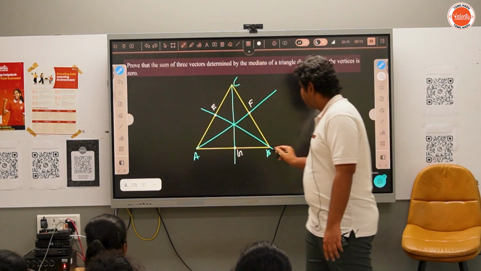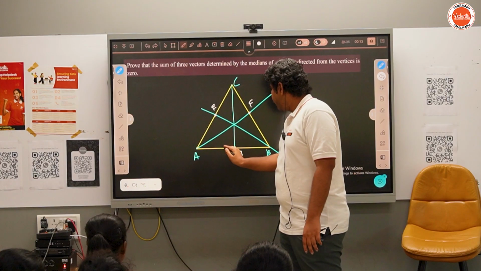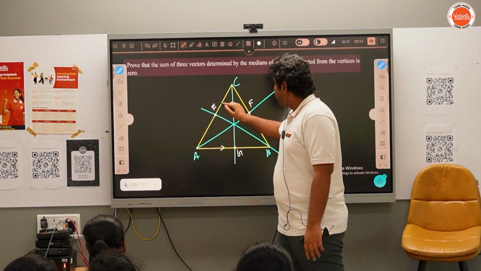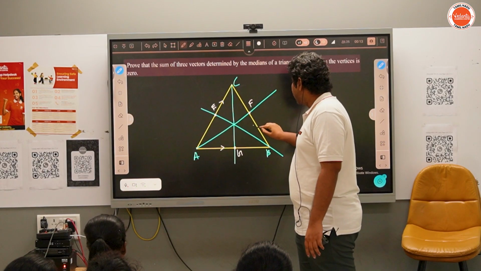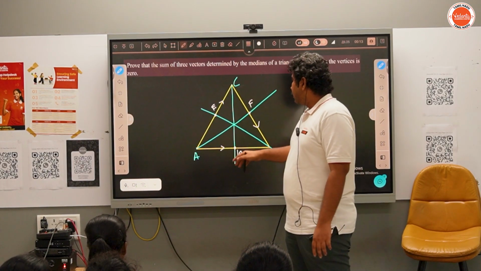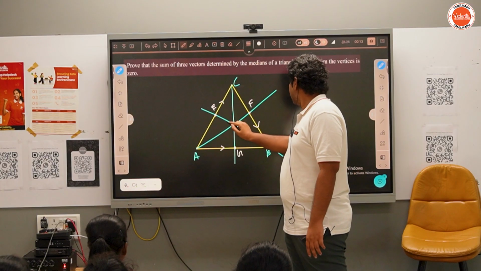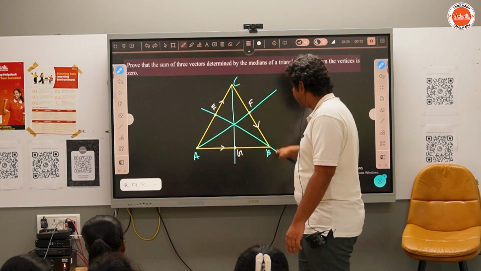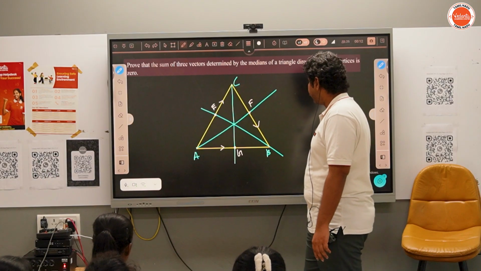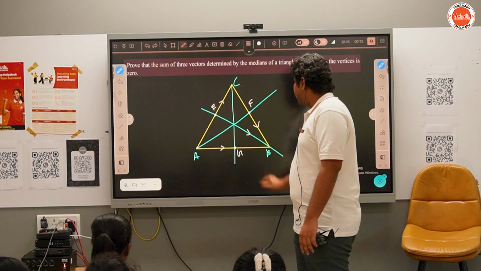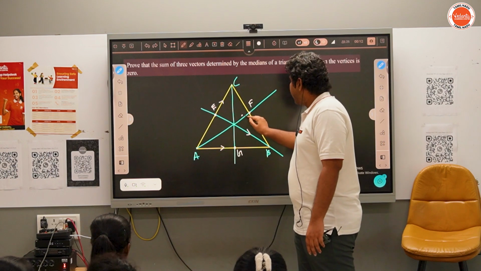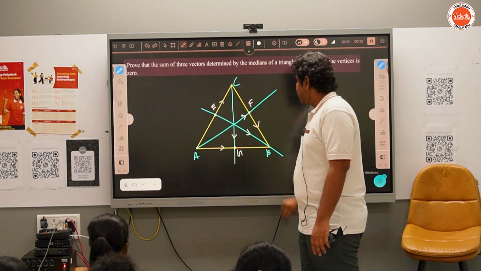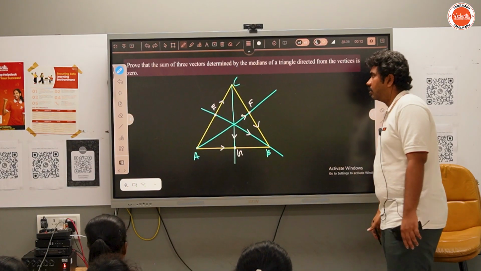Okay. So here we are having AB vector, AC vector, CB vector. And here we can take it in this way. Because A is the reference point, EB vector, AF vector and CG vector. Okay.